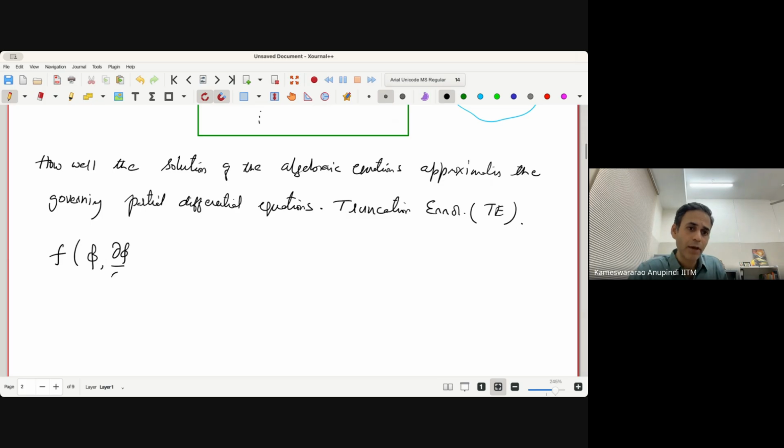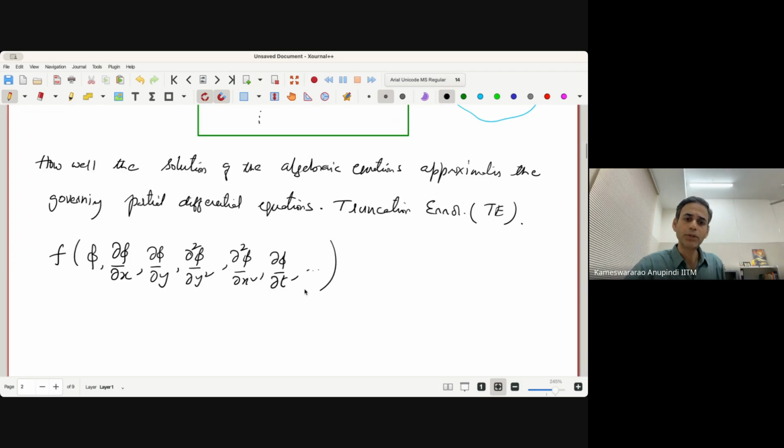So it could have derivatives of phi with respect to x. It may also have derivatives of phi with respect to y. It may also have second derivatives, right, in x square and in y square. It may also have derivatives with respect to time and so on, right? So my partial differential equation is made up of some function of partial phi by partial x, partial phi by partial y, partial square phi by partial y square, and so on.